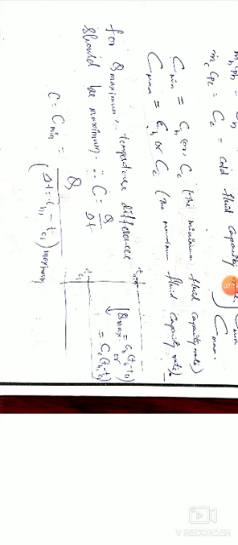Now for Q maximum, temperature difference should be maximum. C is equals to Q by delta T, where C is equals to C minimum. When temperature difference is maximum, C will be the C minimum, and it is given by Q by TH1 minus TC1.